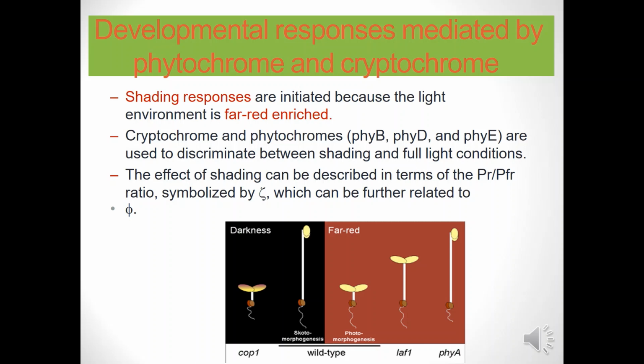In this condition, cryptochrome and phytochrome B, D, and E are used to discriminate between shading and full light conditions. The effect from shading is described in terms of the PR-PFR ratio.